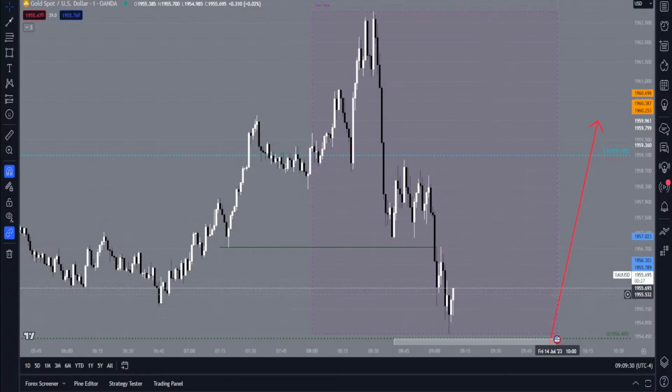So any engulfing that happens, we're going to take them. And our risk reward is going to be 2R.